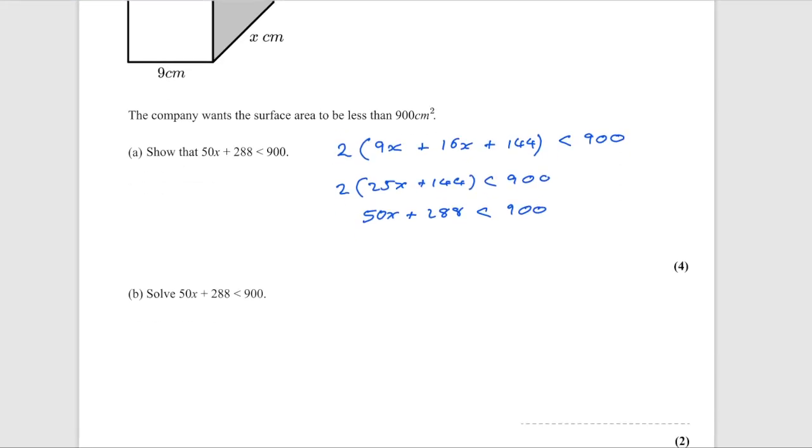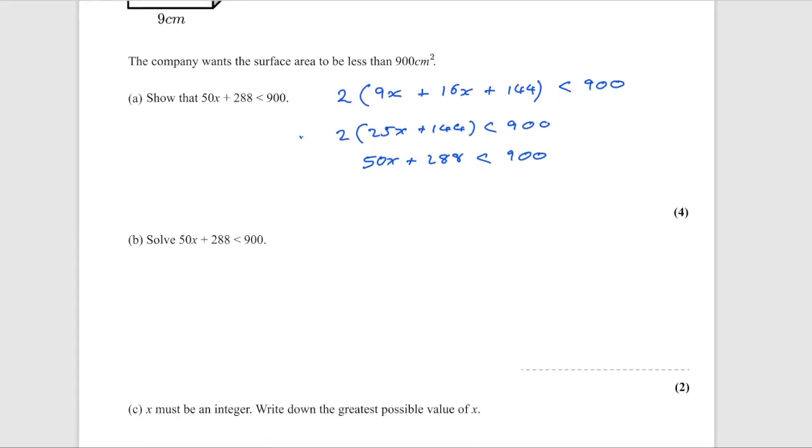Okay, solve. Right, so I'm going to go back to this version just because I think it's easier to solve. 25x plus 144, and that's got to be less than 900. So I'm going to divide both sides by 2, and that's going to give me 25x plus 144 is going to be less than 450.